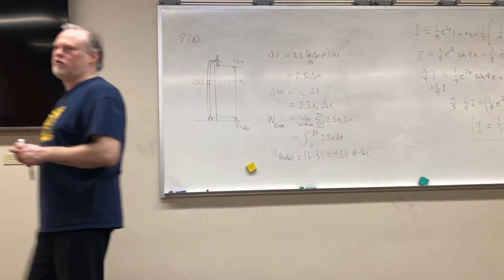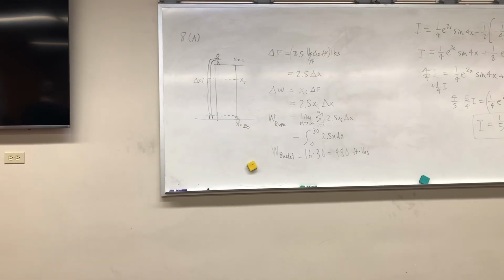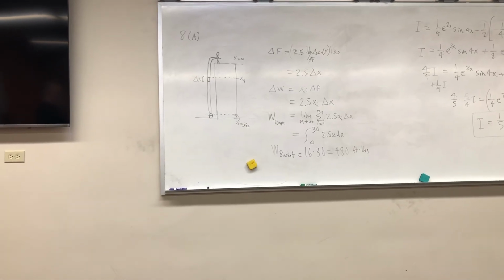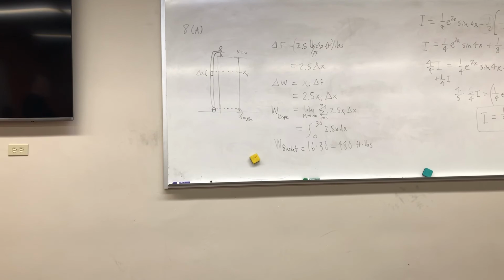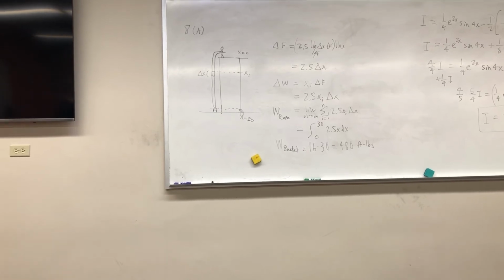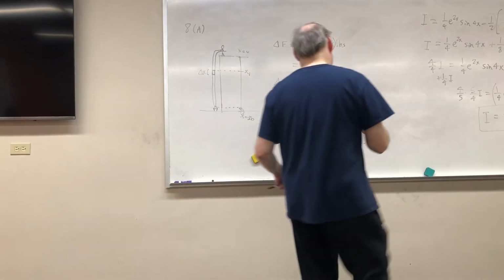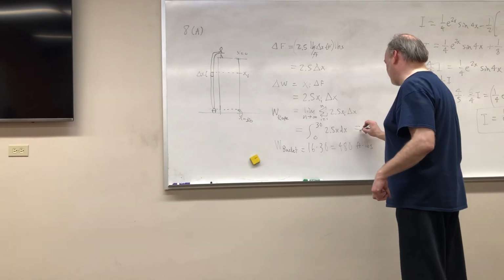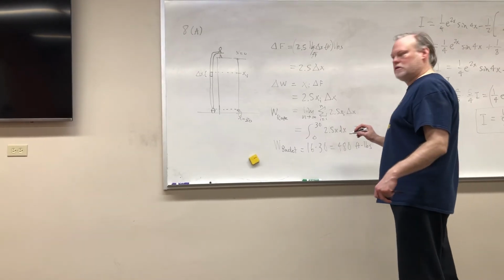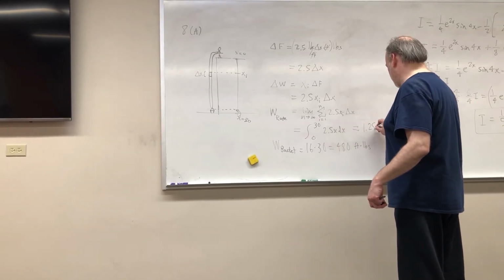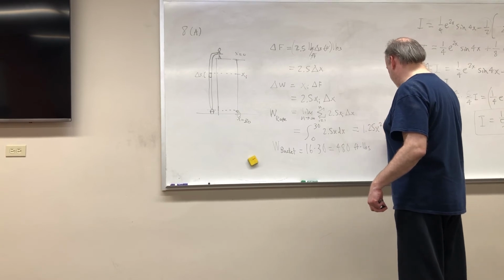And the work done on the rope requires the definite integral. It's not a bad one, just a one-term integral, and plugging in 30 is the only substantive bound. So let's see, half of 2.5 is 1.25, so 1.25x squared from 0 to 30.